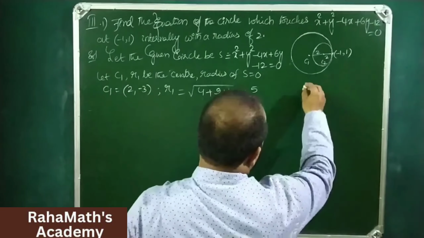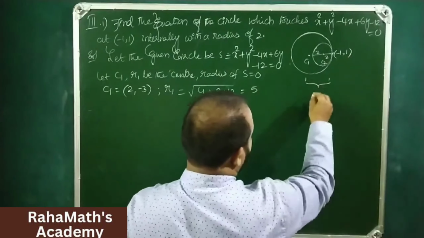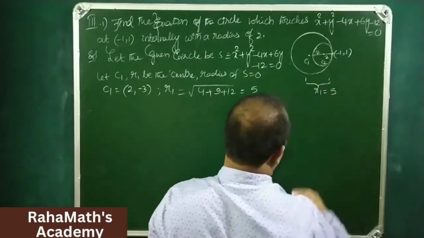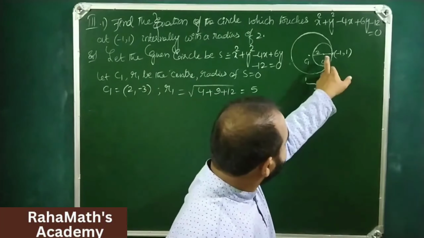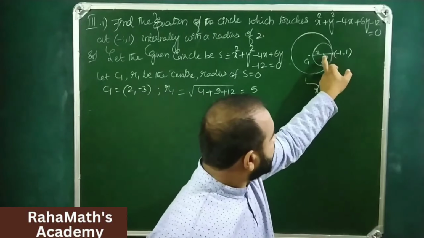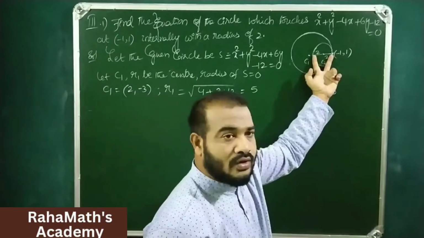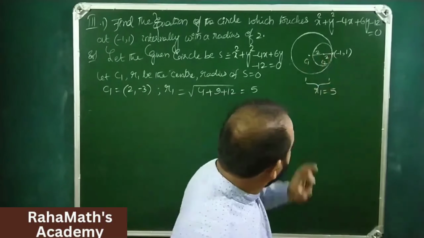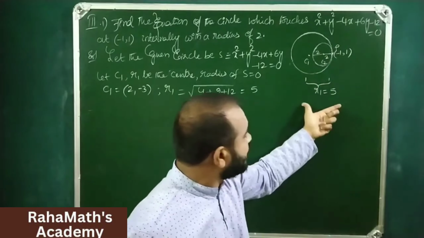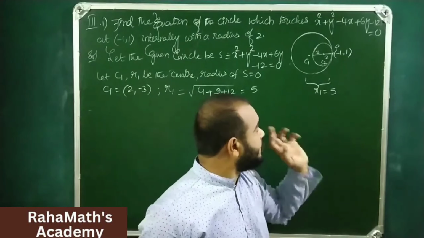That means the big circle's radius is R1 equals to how much? 5. Now see here, since the required circle, which is a smaller circle, whose radius is 2, when this is 2, this is also 2, therefore the diameter of it is 4. So from C1 to, let us suppose this to be P, the given point. C1P is equals to the radius of the first circle, the bigger circle, that is R1 equals to 5.